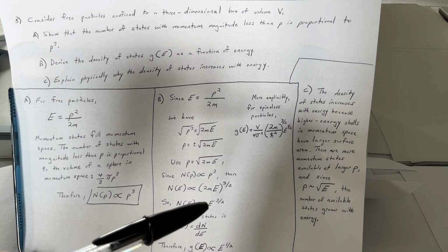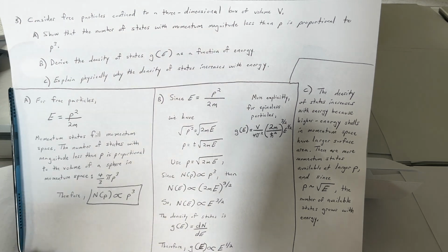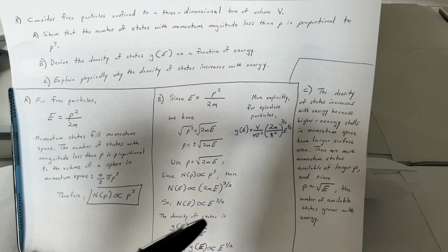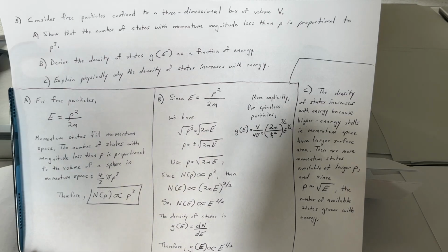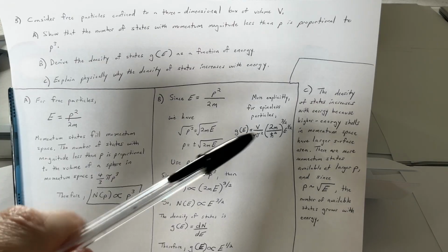N of E is proportional to E to the 3 halves, and the density of states g of E equals the derivative of N with respect to E, and therefore g of E is proportional to E to the 1/2. And here, more explicitly, for spinless particles, g of E would equal this.